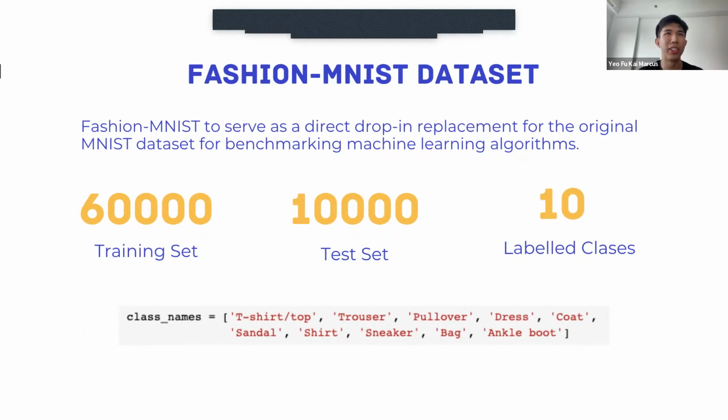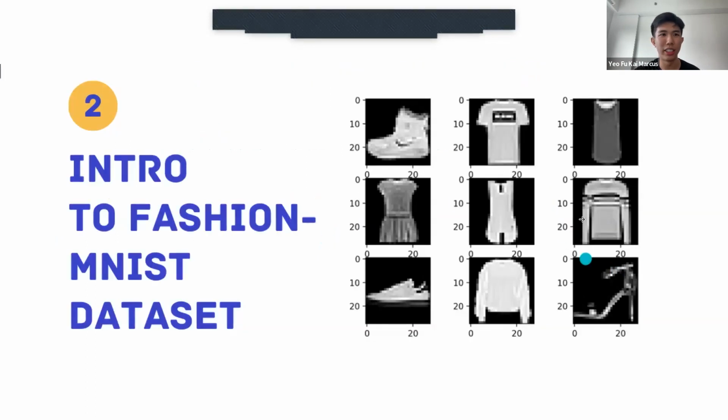There are 60,000 images in the training set and 10,000 in the test set. All the images are labeled into 10 classes. As you can see, the classes are named at the bottom. And if you want to see roughly how the dataset looks like, you can see this image on the right. These are examples of the images in this dataset.